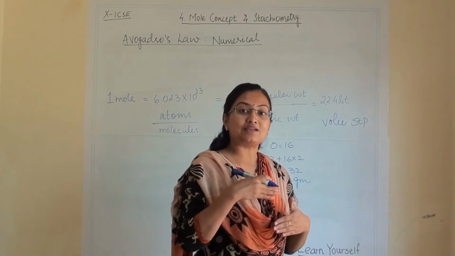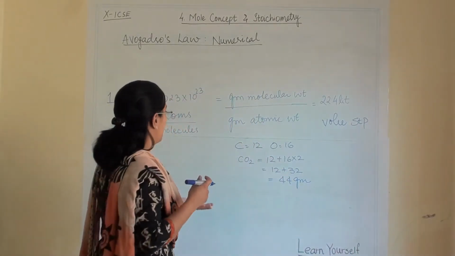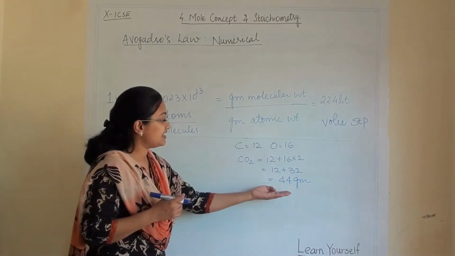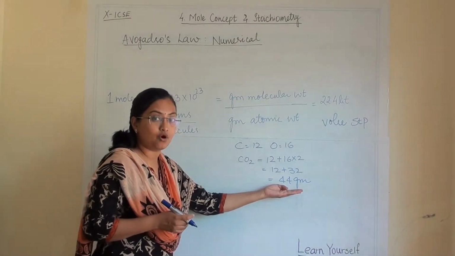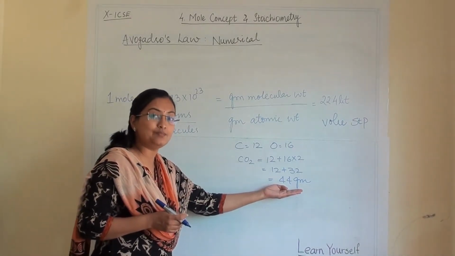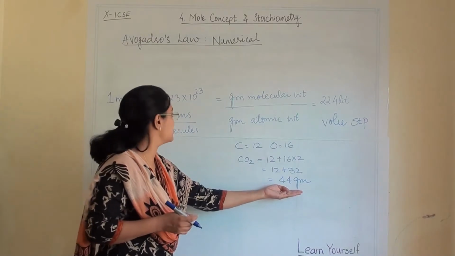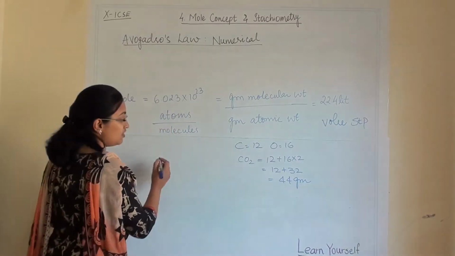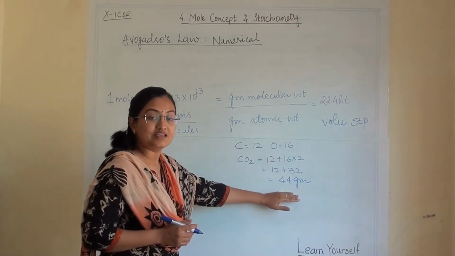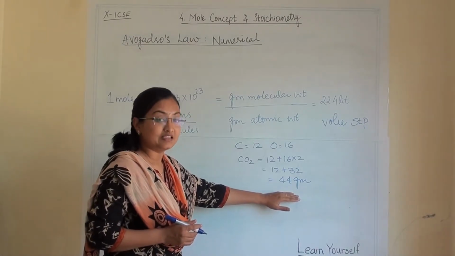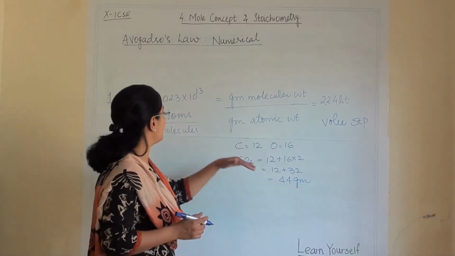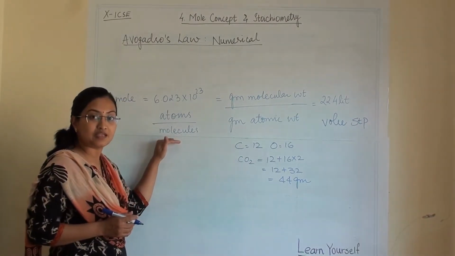Now going back to our numerical. When they ask how many molecules are in 44 gram of carbon dioxide, 44 gram is the molecular mass, so 44 gram of carbon dioxide contains this many molecules.